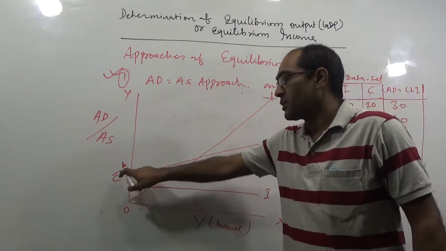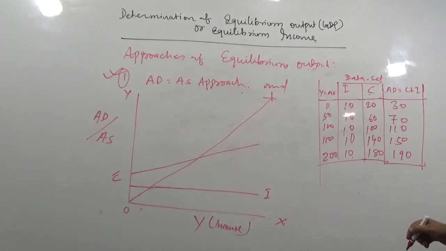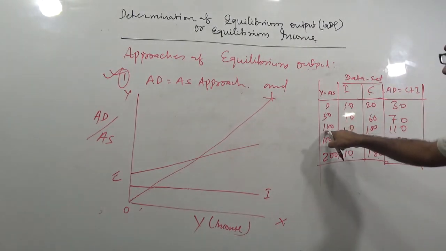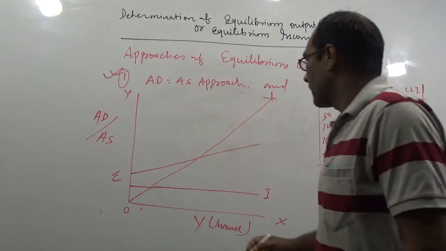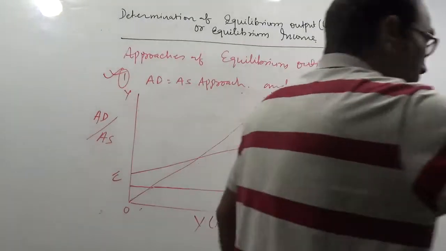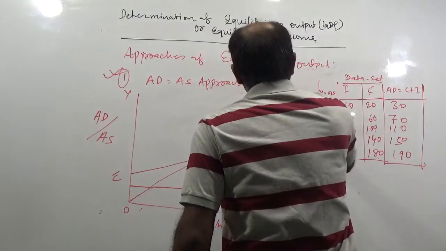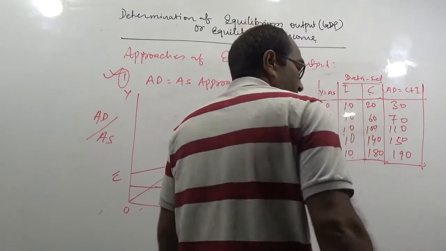C is 20, that is autonomous consumption. At the level of 100 rupee income, C equals Y. Here Y equals AS.